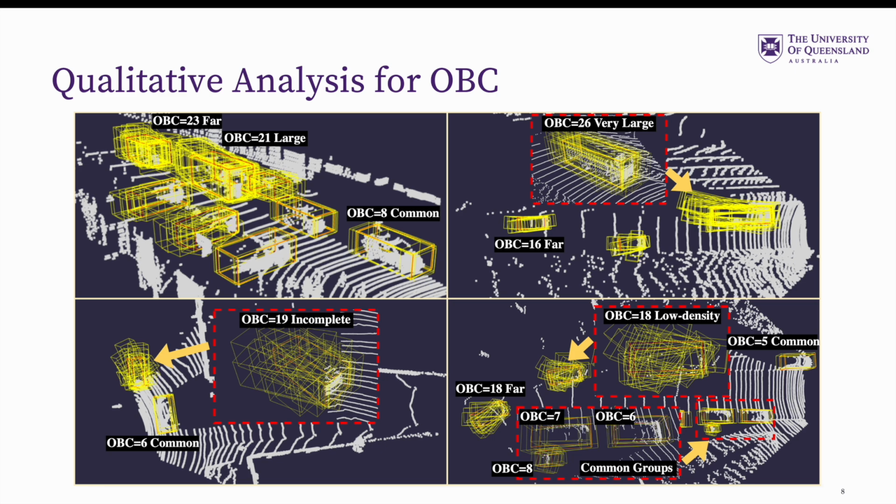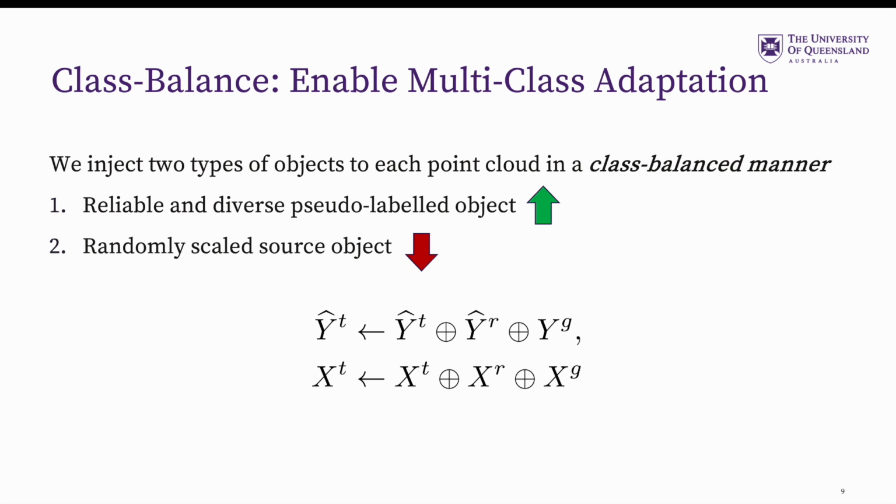Here are some visualizations of objects with corresponding OBC values. We can observe that large, incomplete, and low-density objects produce large OBC values, while common objects usually have small OBC values. To achieve multi-class adaptation, we inject two types of objects into each target point cloud in a class-balanced manner.